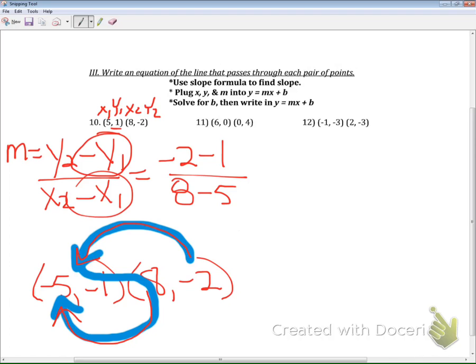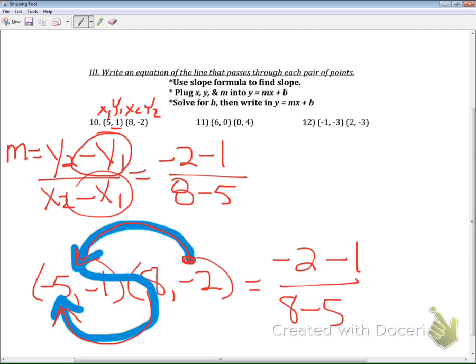And I've already changed my sign, so it should be good. So on top, I started here with the -2, and I went to the -1. All over, here's my bottom, I start here at the 8, and I go to a -5.